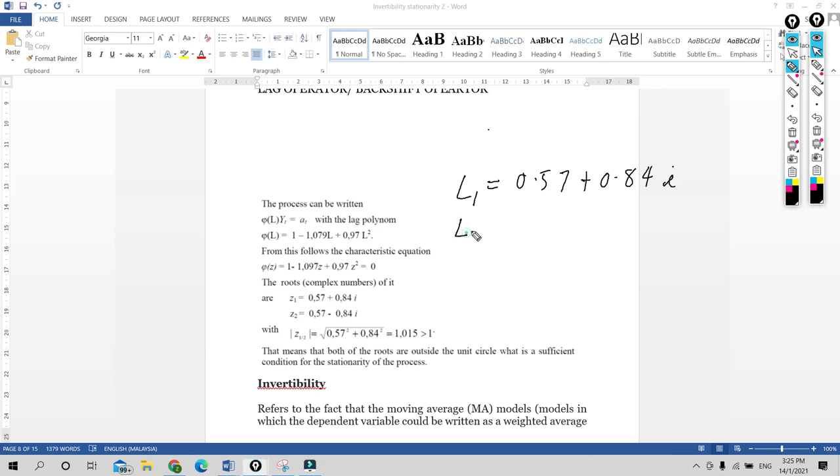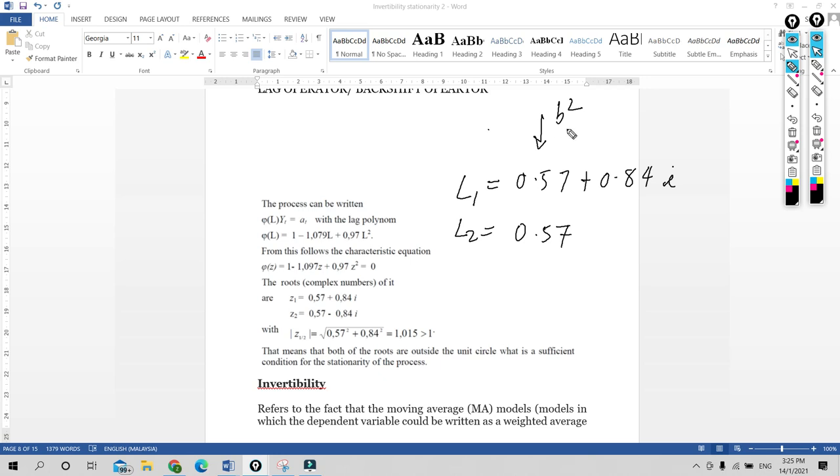Then L2 is equal to, if you solve using that formula, 0.57. This is b squared, isn't it? B is negative 1.097, over 2a.